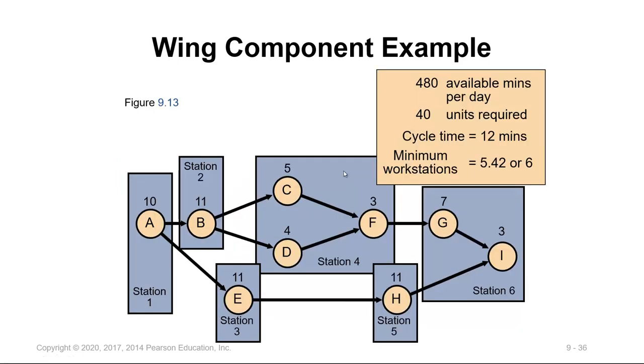This figure shows the layout for the different stations based on the assembly line balancing method. So we can identify 6 stations, and each station will have its own group of tasks or one task as needed.